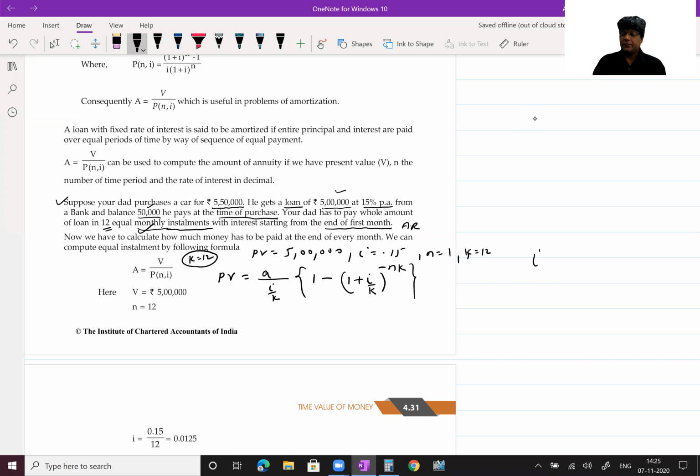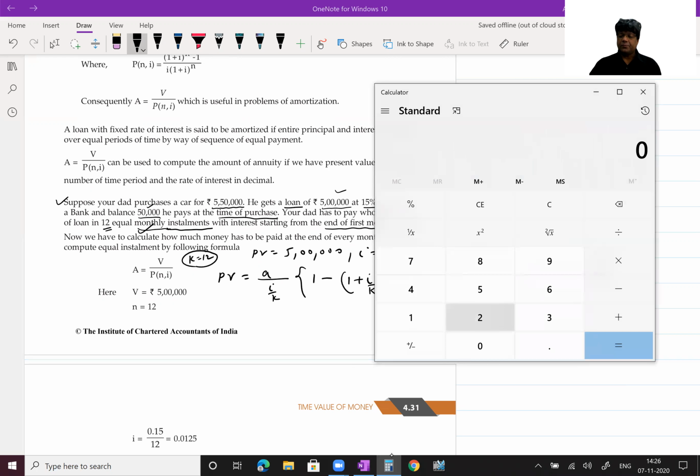I by k, I is 0.15, your k is equal to 12. So if you calculate 0.15 divided by 12, it is equal to 0.0125.